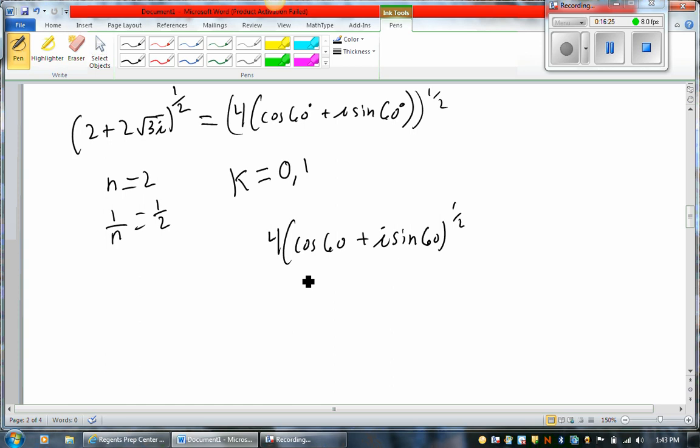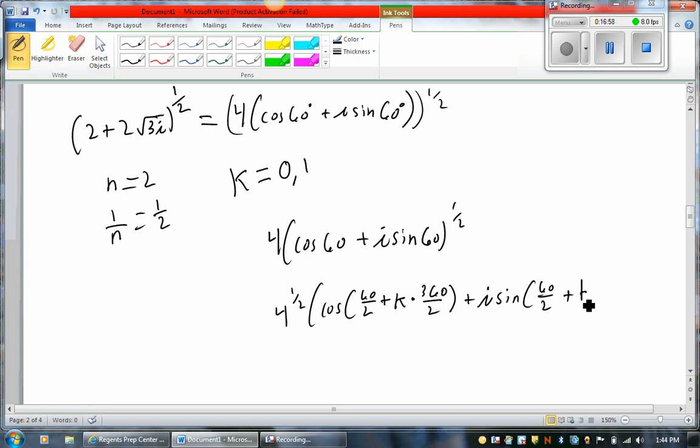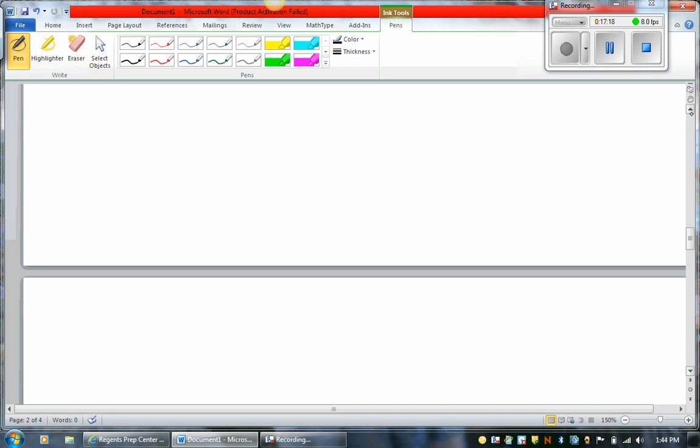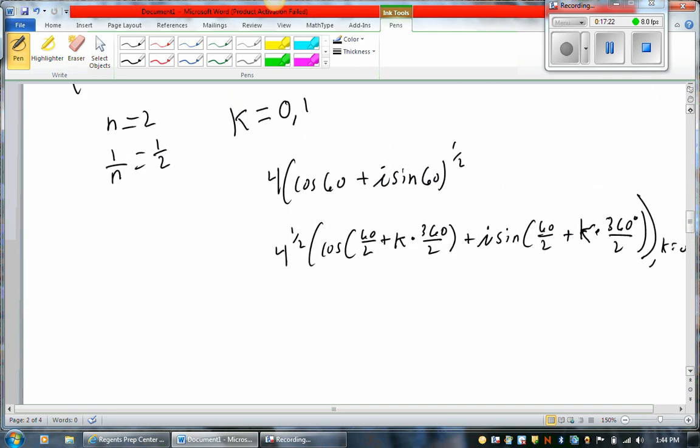We're going to apply our formula, and so when we plug in, we're going to have 4 to the 1/2 times cosine of 60 divided by 2 plus k times 360 over 2 degrees, plus i times sine of that same new angle, 60 over 2 plus k times 360 degrees over 2, when k equals 0 or 1.